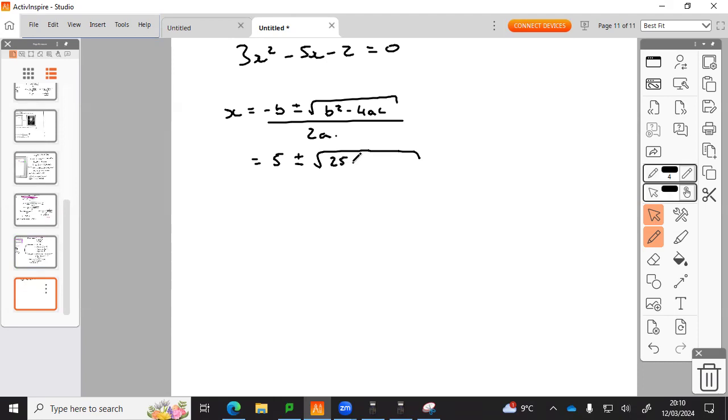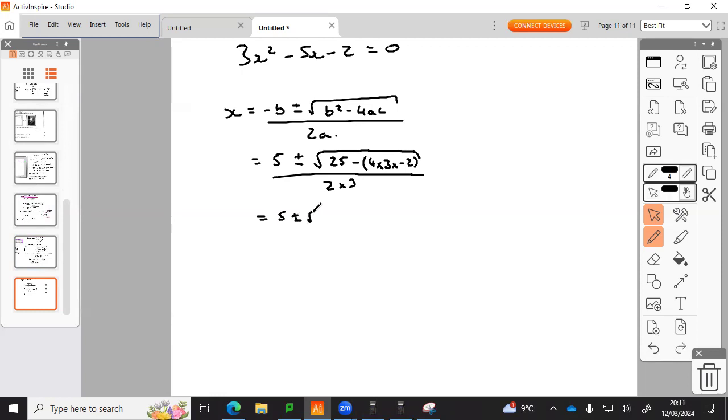Minus 5 squared is 25. 4 times 3 times negative 2. 4 times 3 is 12, times 2 is 24, so 25 plus 24 is 49.